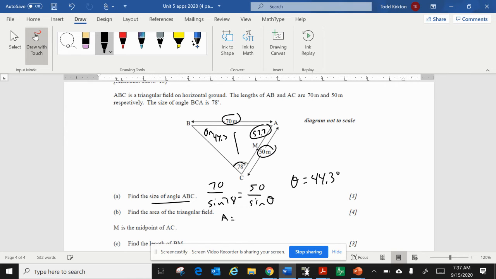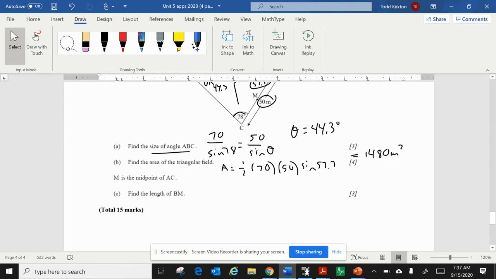So the area is 1/2 AB sine of C, or the sine of the included angle. And our area ends up being 1,479, so 1,480 meters squared when you do this to the correct number of sig figs.